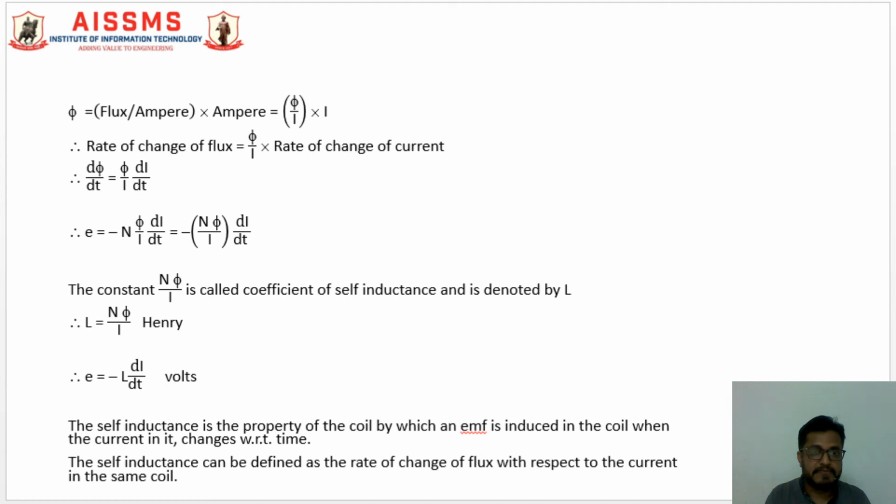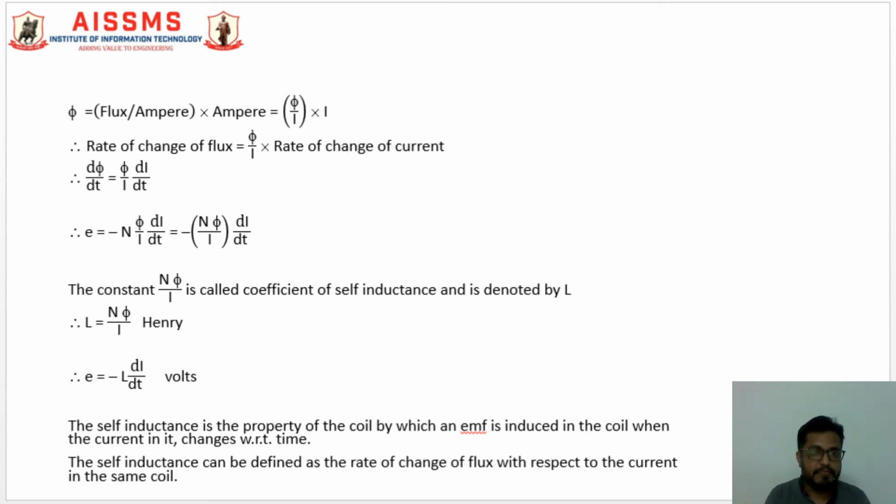Because this phi by I is constant, and therefore when we take the derivative of both sides with respect to time, we get d phi by dt, that is rate of change of flux, equal to the constant phi by I into rate of change of current, that is di by dt.